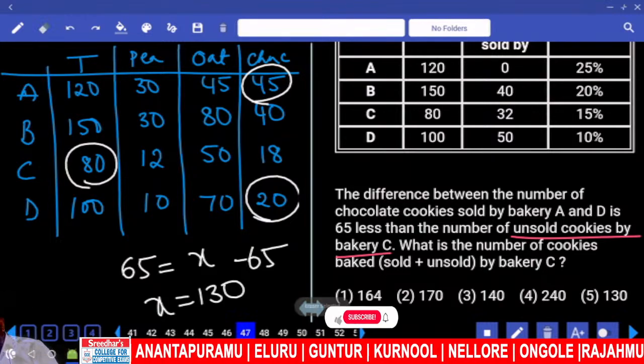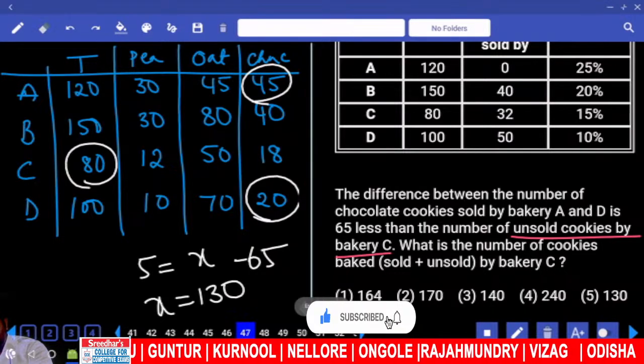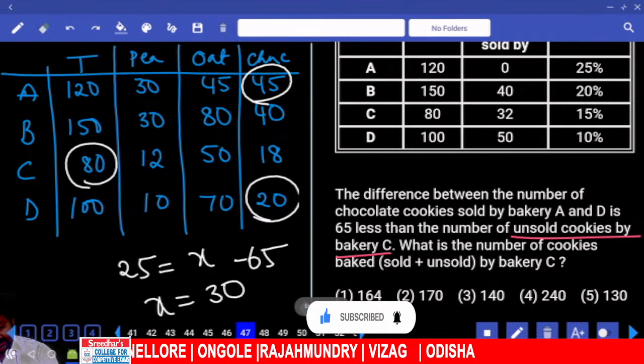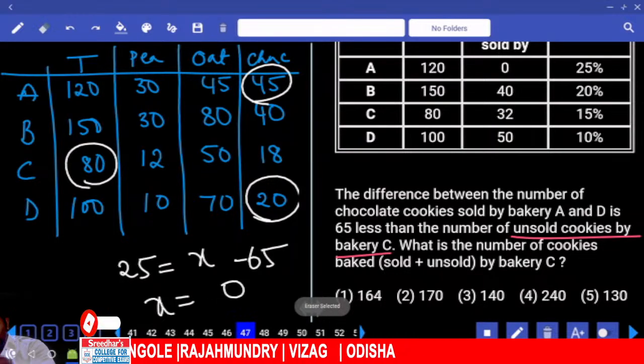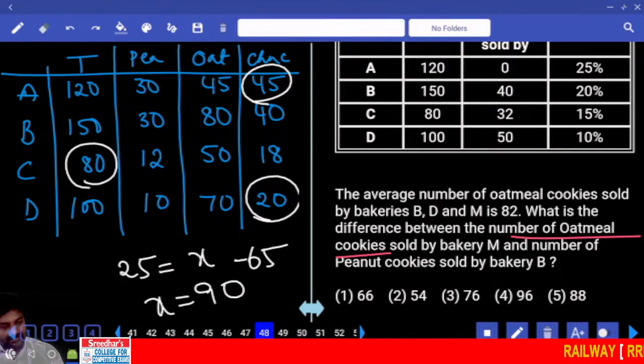A and D difference is 25. Then X is equal to 90. Then total cookies baked are 80 plus 90, 170. Right, correct.